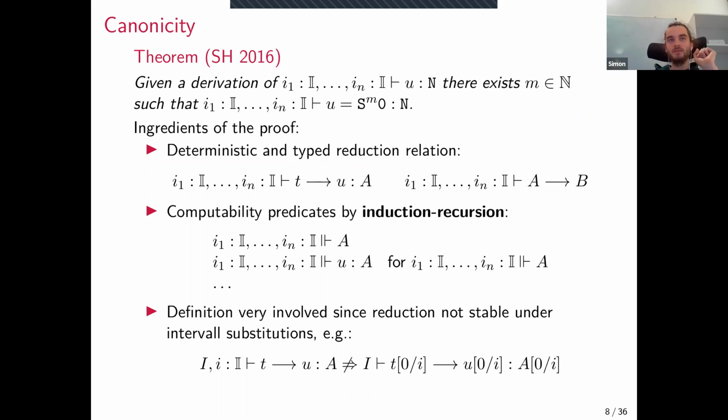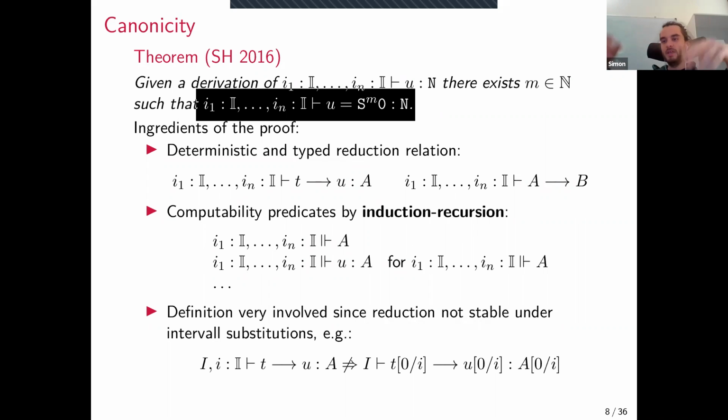So what you do is, you define by induction-recursion when a type is computable, and given a computable type, you say when an element of type A is computable, and then you also have to define equality at the same time. The definition for natural numbers will be such that you can reduce this. And then the argument will be that everything is computable, and then one gets this canonicity result.